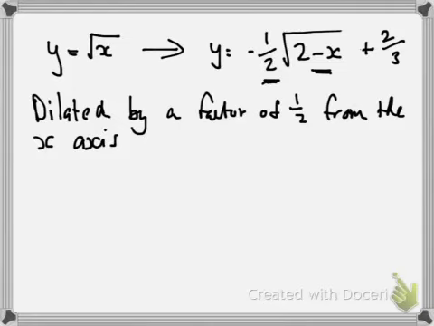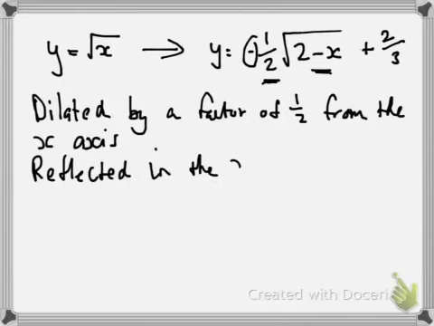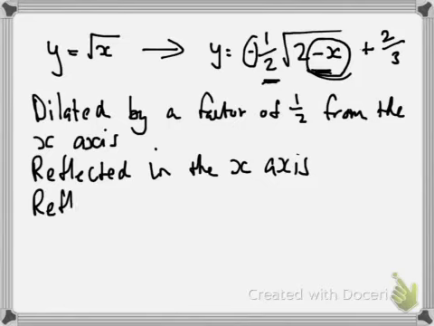The negative in front of the half, so that negative there, means that it's reflected in the x-axis. Now we've also got a negative x there. That means it's also reflected in the y-axis.